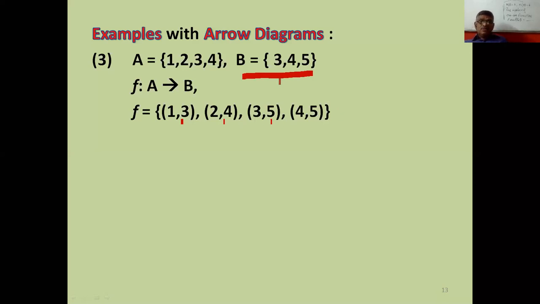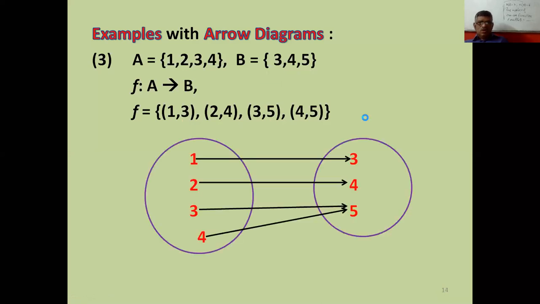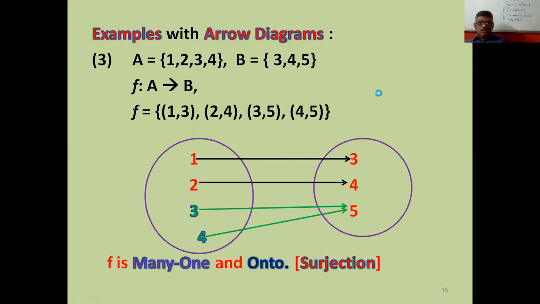So all the elements in the codomain are coming in the range. So it is onto. So what kind? It is many one onto. Is it clear? It is many one because 3 and 4 have the same image.